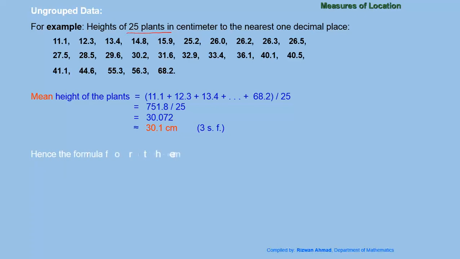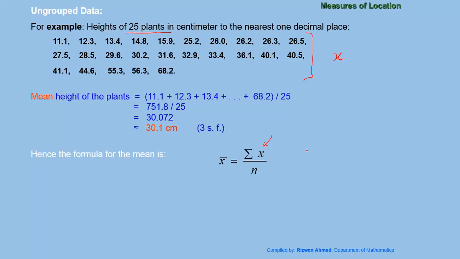The formula for the mean for ungrouped data is x bar, the notation for the mean, equal to sigma x divided by n. Sigma x means the sum of all the data items. All these data items are x: x is 11.1, x is 12.3 and so on.